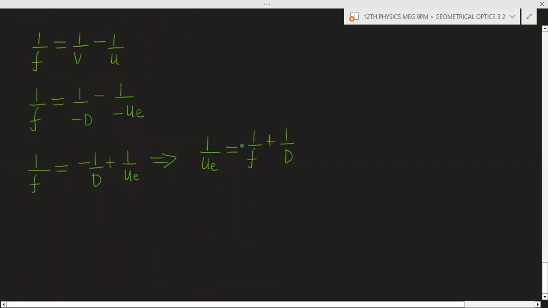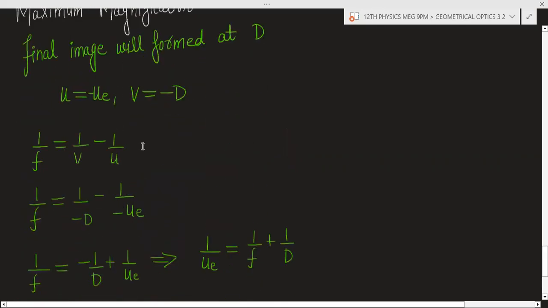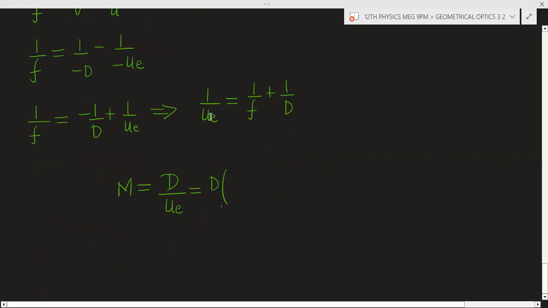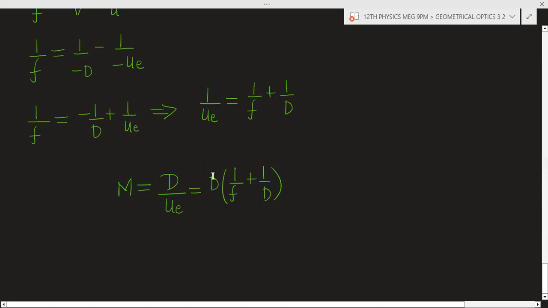Now what was the magnification for the microscope? D by UE was the magnification. So put the value: 1 upon UE is 1 by f plus 1 by D. Now multiply this D with 1 by f, and multiply this D with 1 by D. So it becomes D by f and it becomes 1.